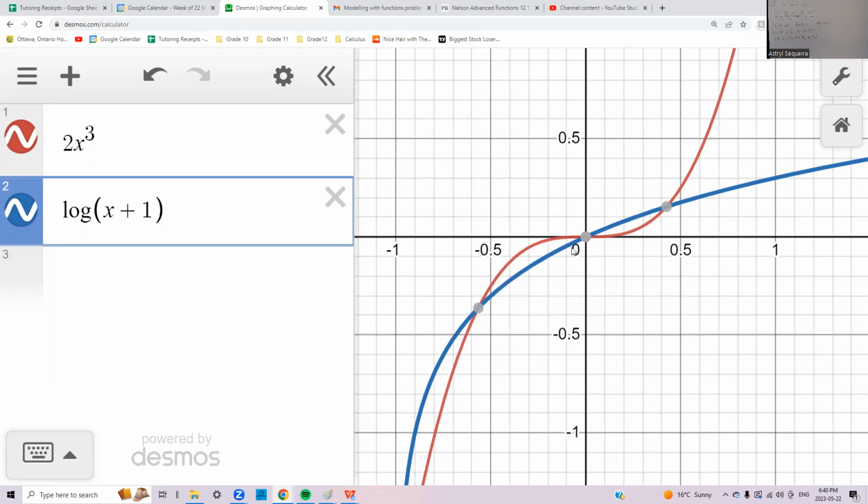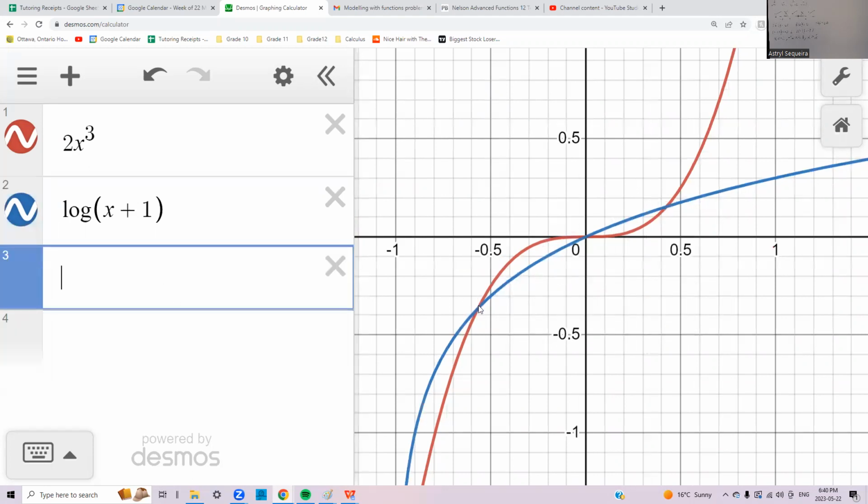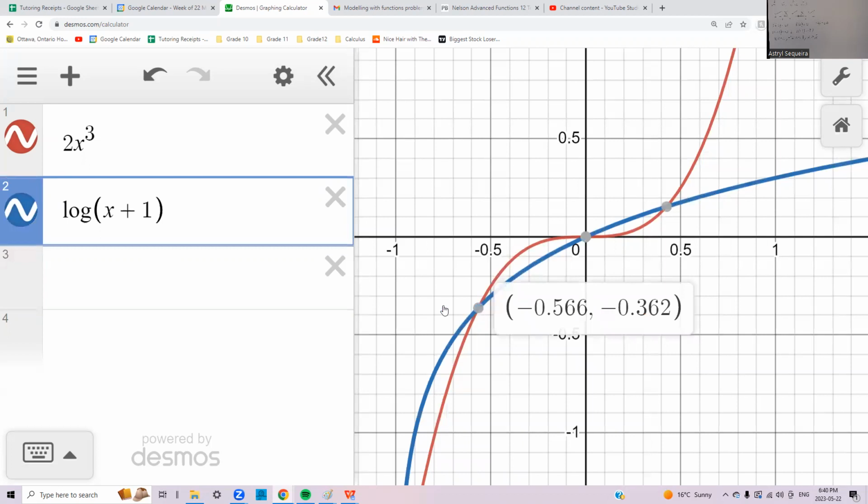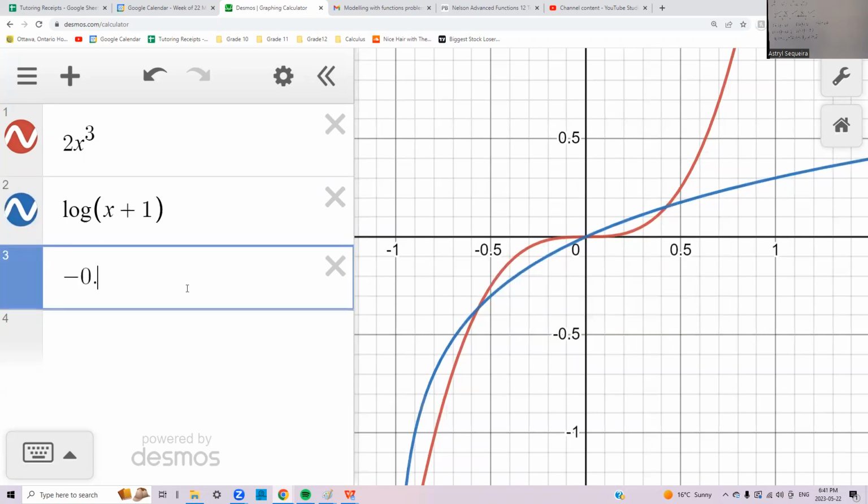But from here to here, we can tell that the cubic function goes above the log function. So this is one range of solutions over here. If you're writing this range of solutions, you're going to write the x value of this point, which is negative 0.566, less than x.